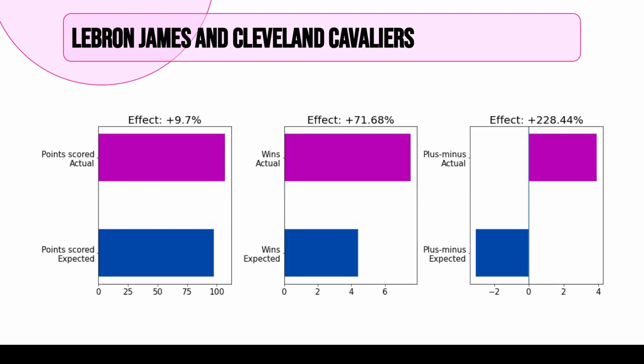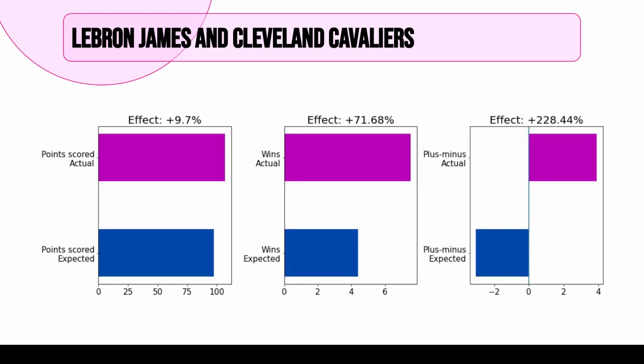So the plus minus without LeBron James would have been less than -2. So Cleveland were losing against any other opponents. While with LeBron James, we get almost a plus minus of +4. So the effect of LeBron James on the team was more than 200%.